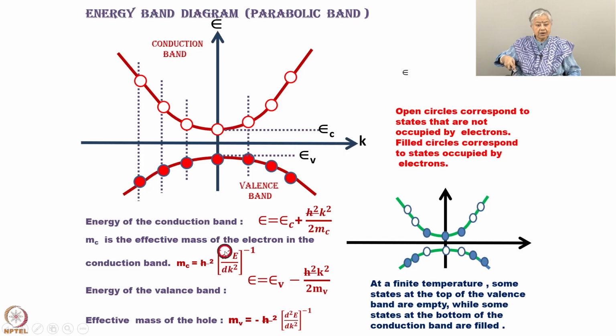Now, d square E by d k square mathematically gives you the rate of change of dE by dk. But the rate of change of dE by dk actually gives you an idea of the curvature of this structure, or curvature of this band.